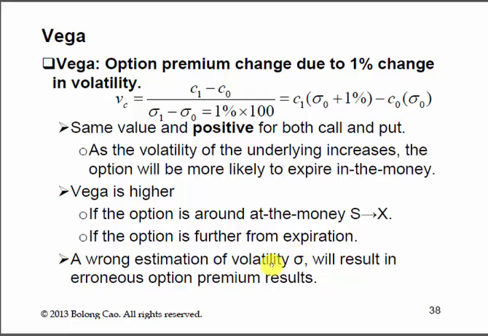Because volatility is very important, if you have a wrong estimation of the volatility sigma value, that will result in an erroneous option premium value estimated using Black-Scholes. So it's very important to have a correct volatility estimation. And the good news is that we can predict the volatility fairly accurately.